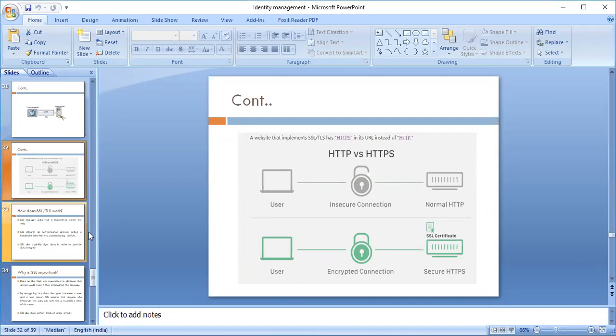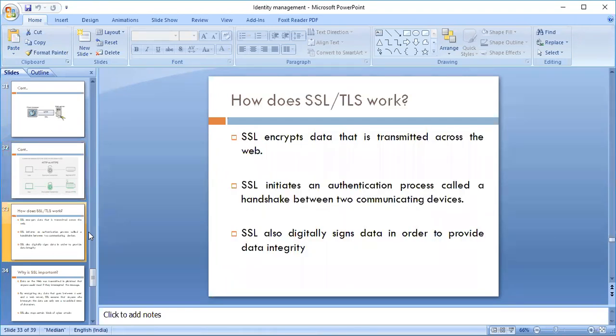Moving ahead, when we are talking about SSL, how do SSL or TLS, which is the upgraded version of SSL, both work? In order to provide a high degree of privacy, SSL encrypts data that is transmitted across the web.